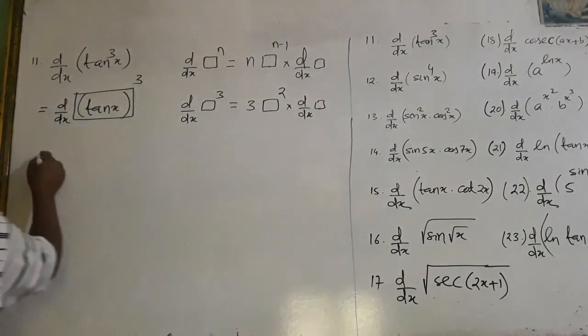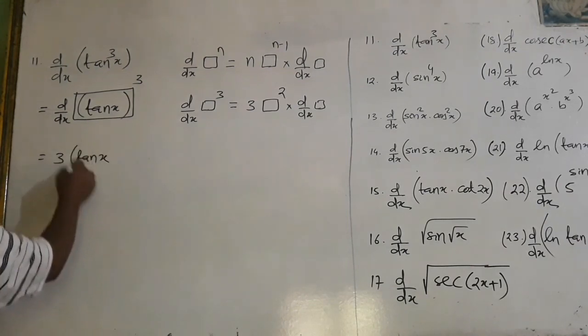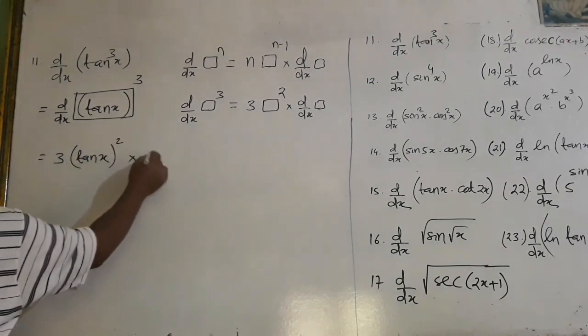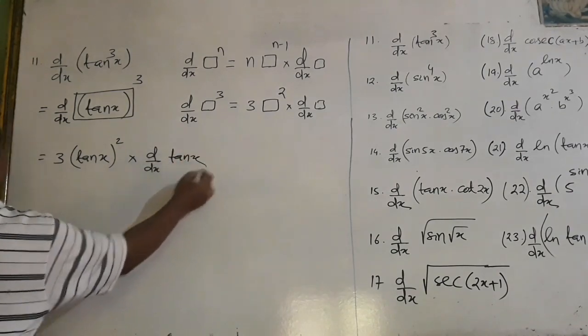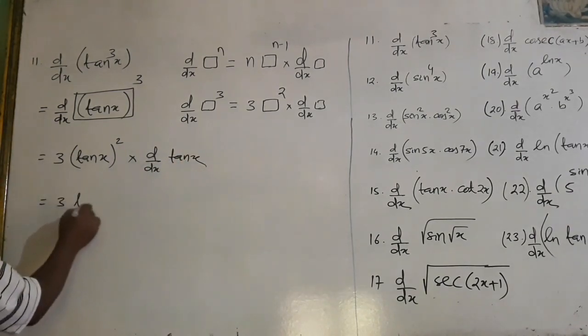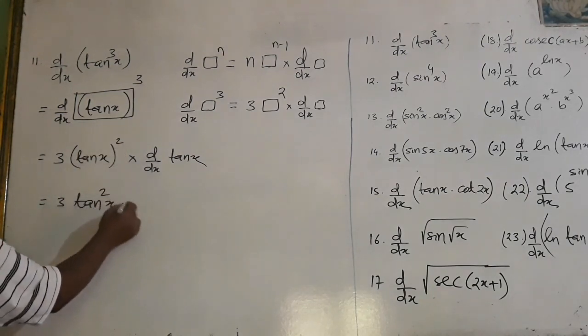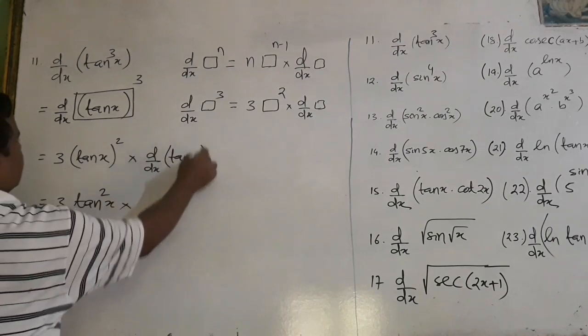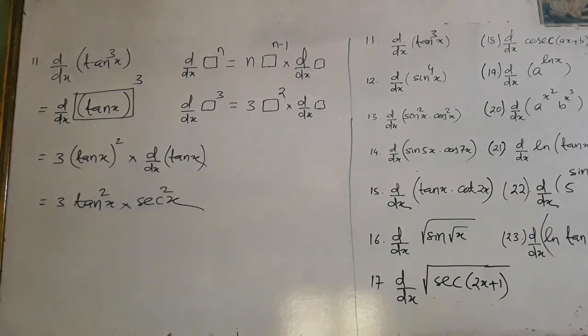Now it is 3 tan x whole square, tan square x, into d by dx of tan x. The answer is sec square x.